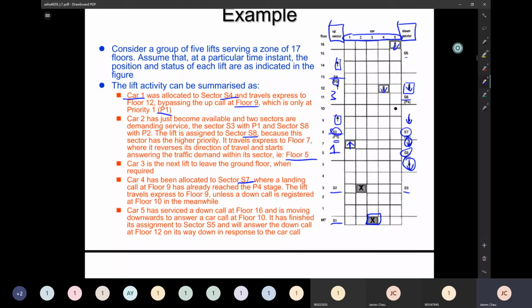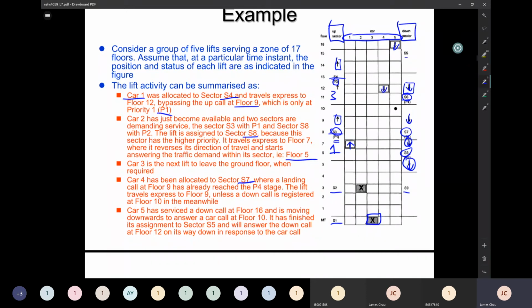Car 5 is at the top floor and it will move downward to answer the call at 4.10. Okay, because it has finished the assignment to S5, it will also serve the call at 12.4.